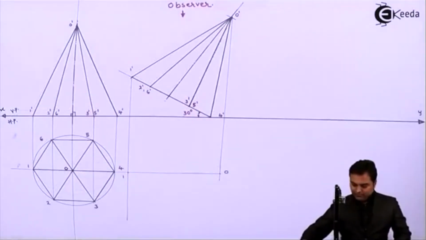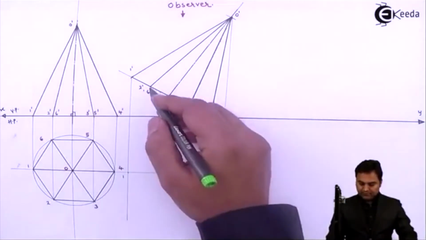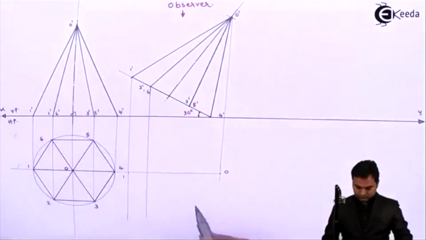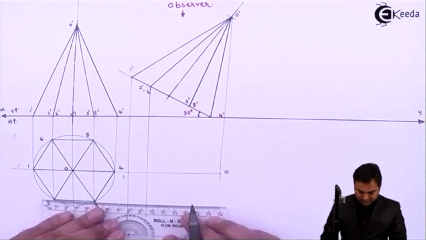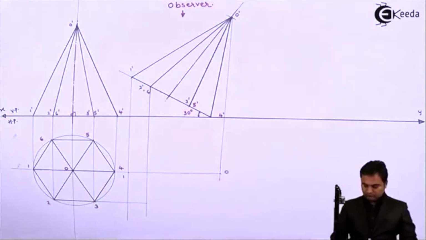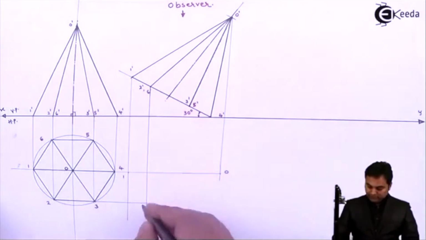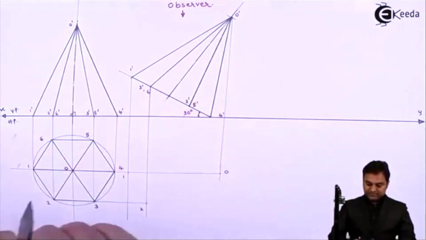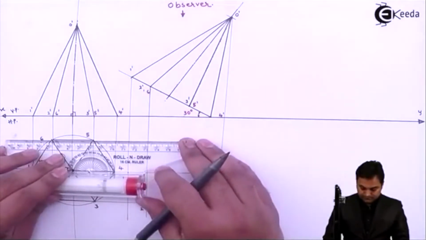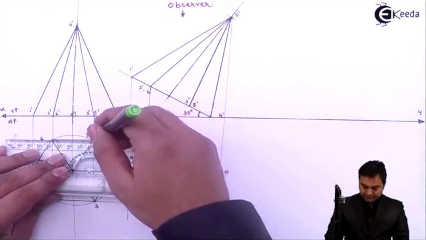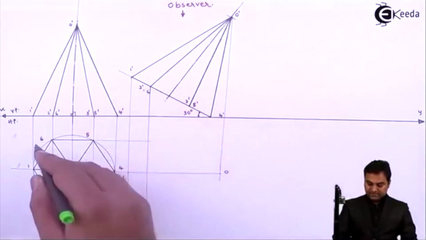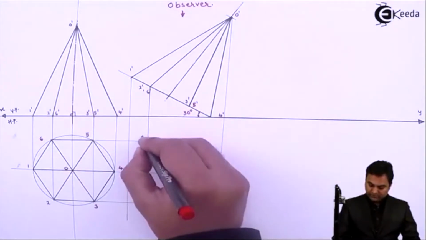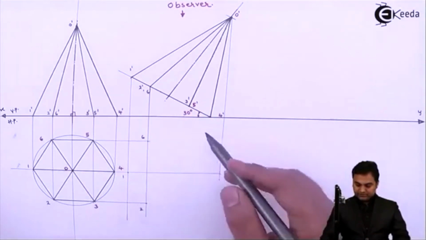Next, after projecting point 1 dash, I'll project 2 dash and 6 dash. So point 2 and 3, they are on to the same line. So point 2 and 2 dash, wherever they intersect, there is point 2. Next, for 6 dash, drawing a horizontal line here. Now wherever 6 dash and point 6 intersect, that gives me point number 6. Next, 3 dash and 5 dash.